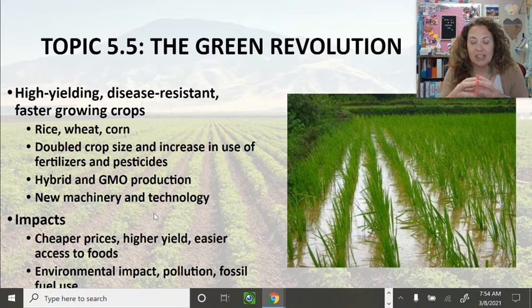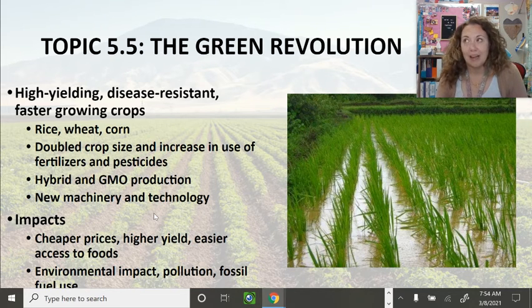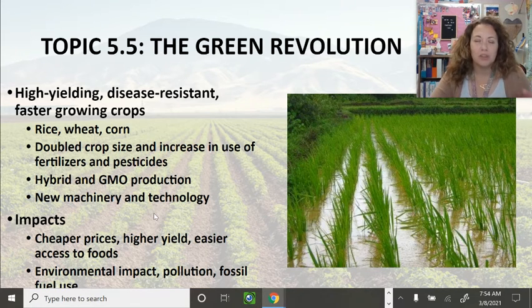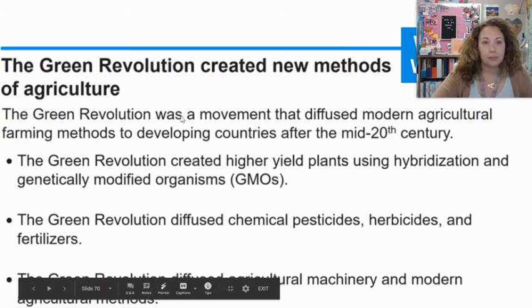And more people have access to more food. That's a good thing. Maybe a potential downside of this is going to be the environmental impact. We've cleared land for farming that would have maybe been used for something else. The impact on pollution and fossil fuel use, the creation of pollution, is of concern.